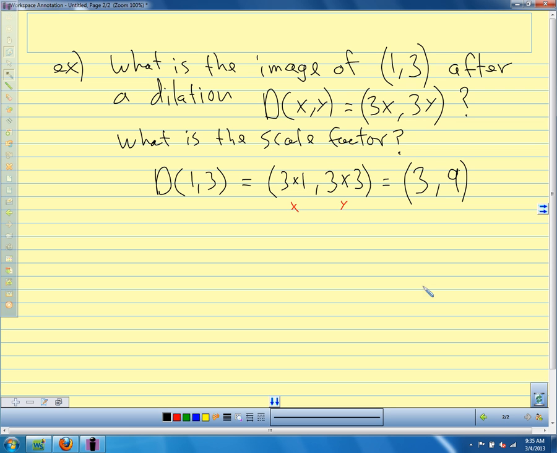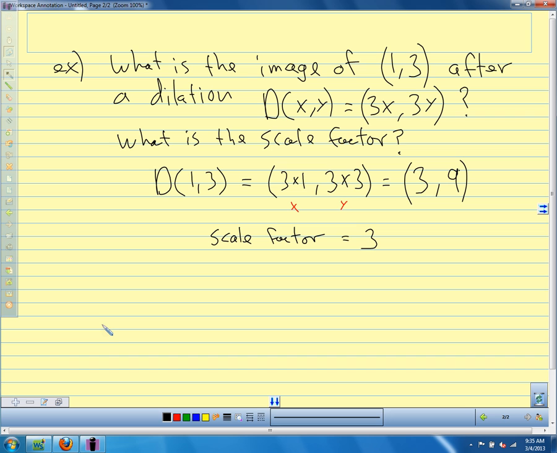And what's going to be the scale factor here? What do you think, Grace? What do we multiply each number by? 3. So our scale factor is 3. Our scale factor is just whatever the number is that we multiply the x and the y by.